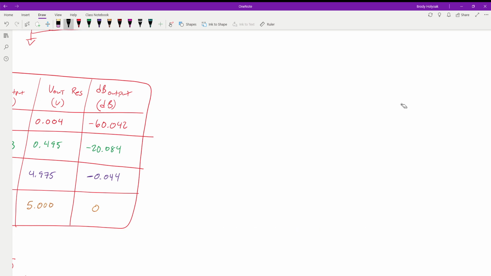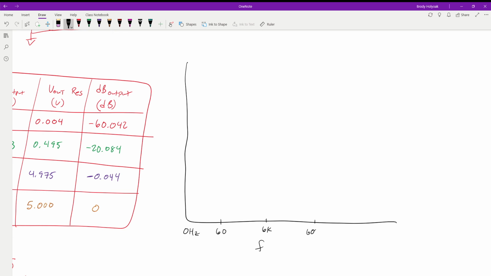Actually, I'm going to do this one in black. So we have our frequency. We're starting at 0 hertz here. We're going to have 60, 6K, 600K, 6 meg, 60 meg.